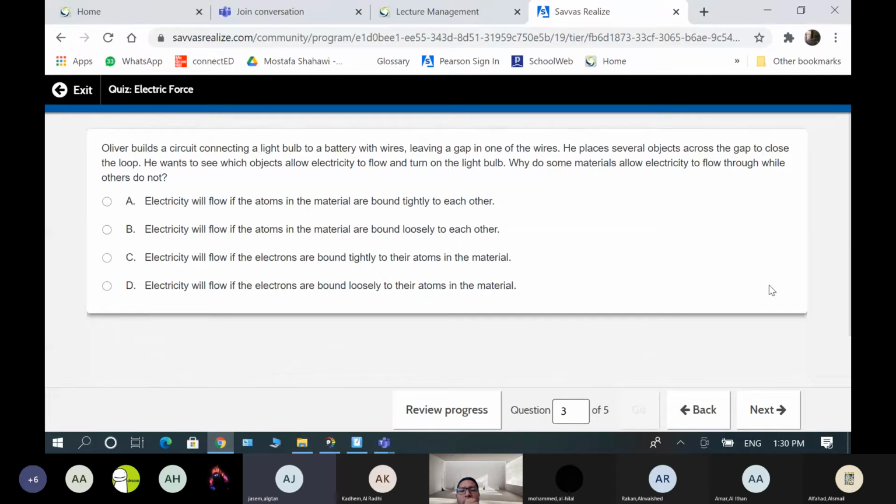He wants to see which objects allow electricity to flow and turn on the light bulb. Why do some materials allow electricity to flow through while others do not?